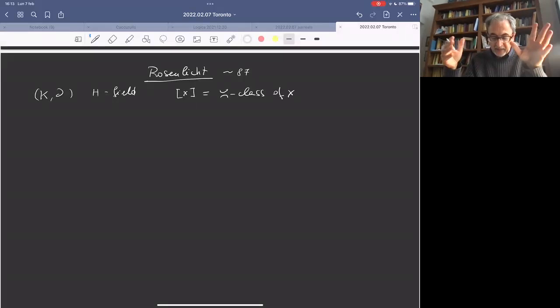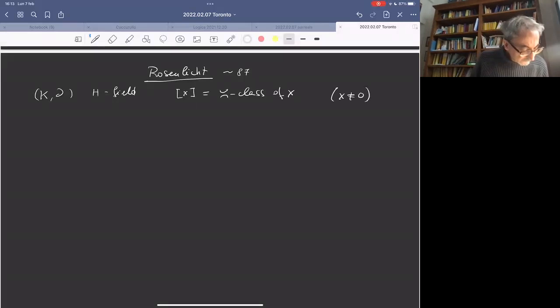So an Archimedean class is bigger than another Archimedean class if the representative is bigger than the other representative. Because with the valuations, everything is reversed, the order is reversed. Of course, here I'm considering X different from 0.